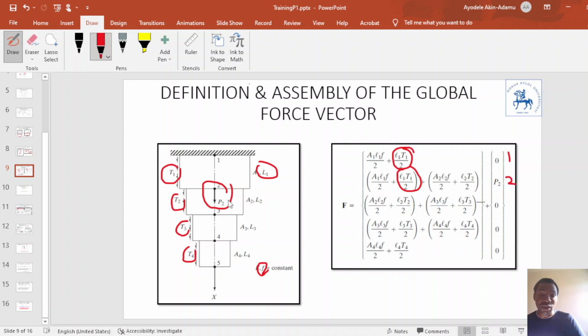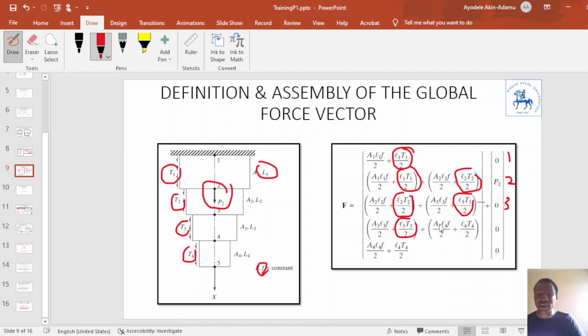The same thing applies for element 2, element 3, and element 4. You can see L2 T2 divided by 2 at node 2 and L2 T2 divided by 2 at node 3 for element 2. For element 3, the same thing, L3 T3 divided by 2, L3 T3 divided by 2.